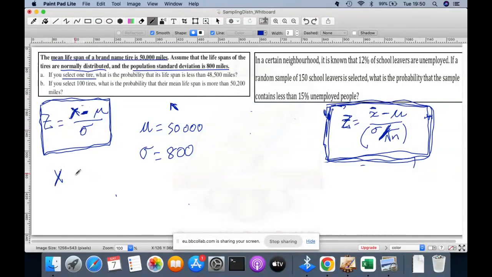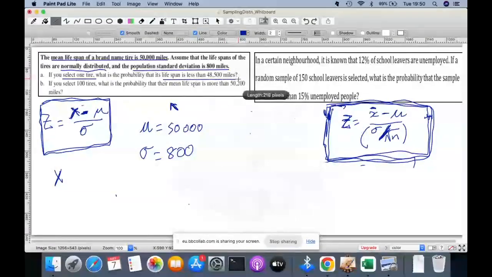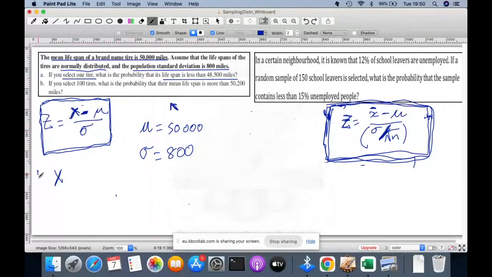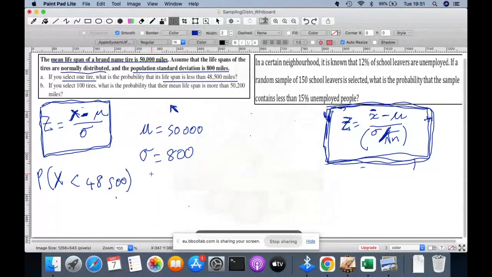So they're asking you, part here, less than 48,500 miles. They're asking you what is the probability that X is less than 48,500, because X is the lifespan of the tires, right? So I'll just write that here.